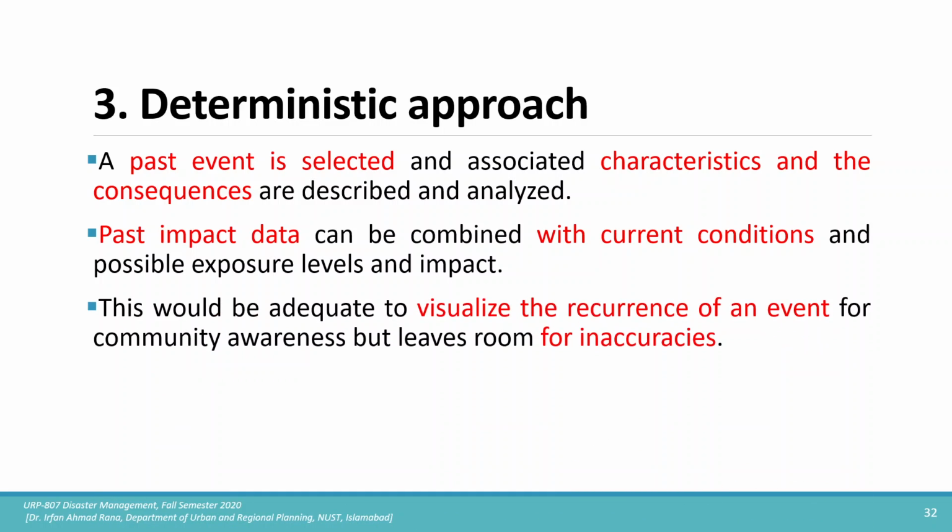So in the deterministic approach, we use the data and compare it with today's situation or with other regions. We associate those data sets together to determine what sort of potential impact it may have.